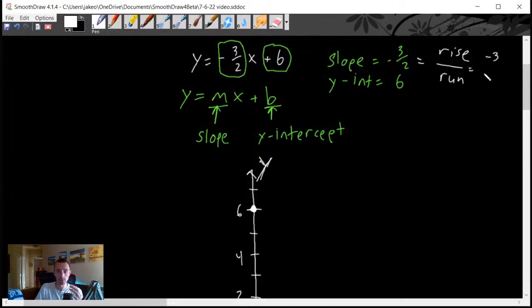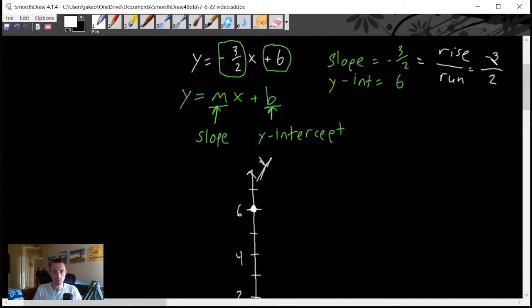So you're going to go down 3 units instead of up 3 units for every 2 units you go over to the right. If your slope is ever negative, just make sure you're going down that many units and then to the right this many units instead of up. So think of your run as always counting units to the right, and your rise is going to be units up if it's positive, units down if it's negative.